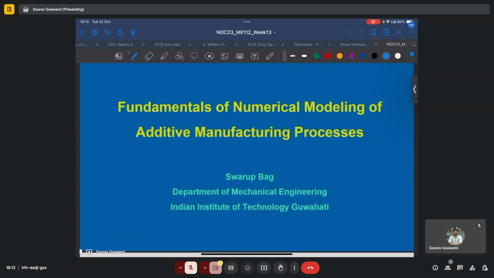We have looked at the various stages of any additive manufacturing build cycle, starting from the pre-processing, where we design our model in a CAD environment, to how we slice it, what are the various criteria for slicing, how can we optimize our slicing method for, say, either maximum build rate or for good geometric accuracy.